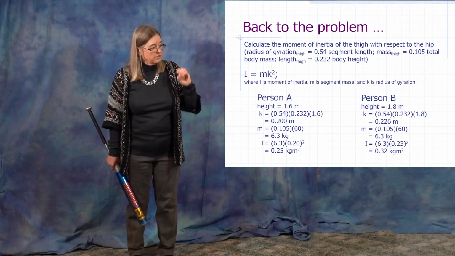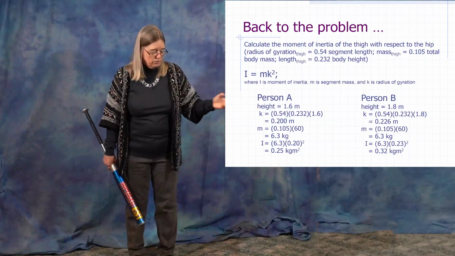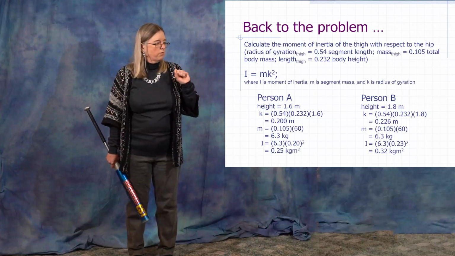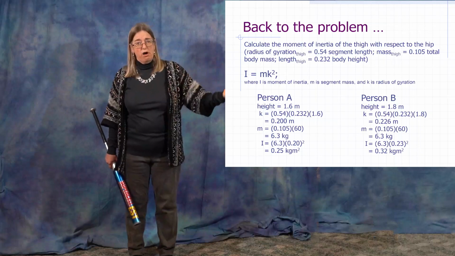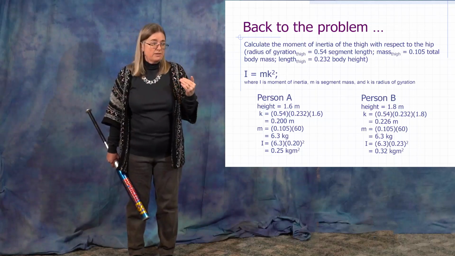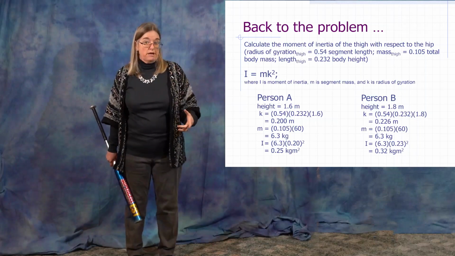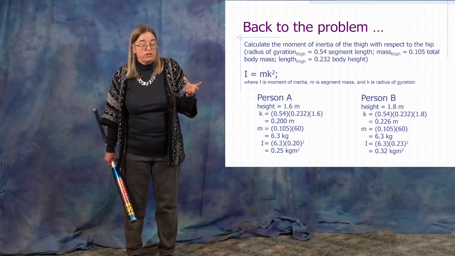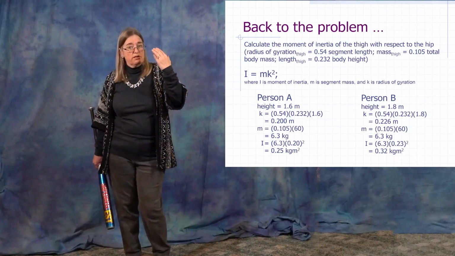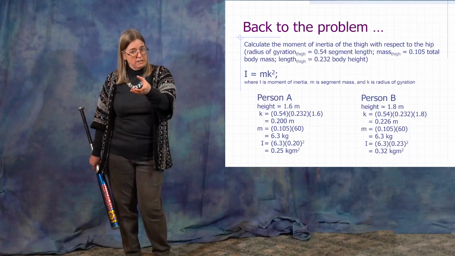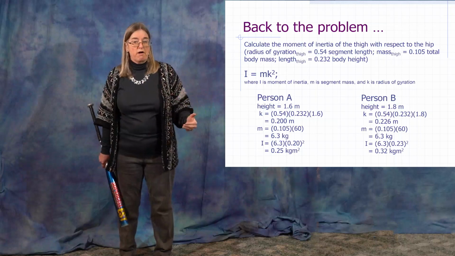So we now have 6.3 times 0.226, or 0.23 rounded off, squared, or 0.32 kilogram meters squared. And you can see that obviously the taller person has a larger moment of inertia, because they have a larger radius of gyration, and that has a large effect on the moment of inertia because it's squared. The taller person is going to find it harder to rotate.